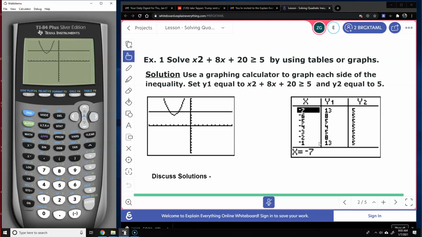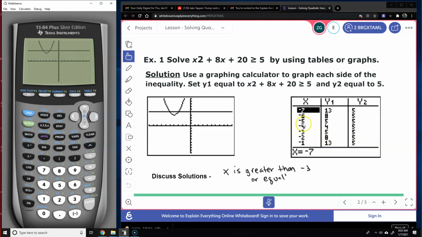So part of the solution will be when x is greater than or equal to -3, because you see that at -3, it's 5, and as you go -2, -1, you start going towards the right, you notice that the y value is greater.